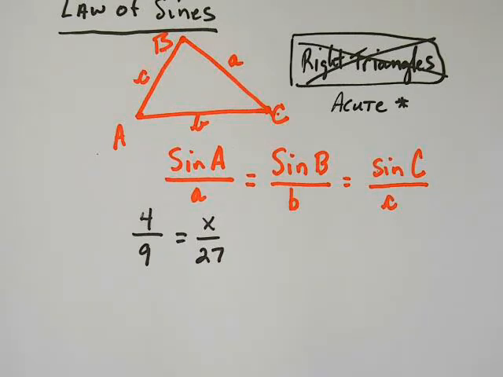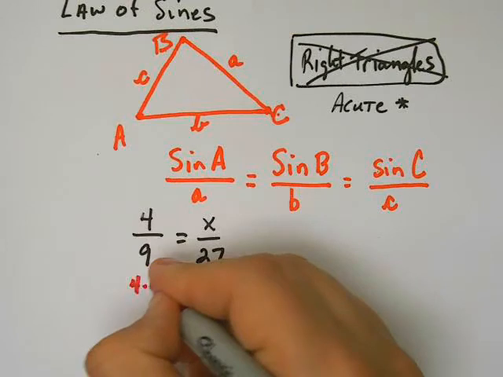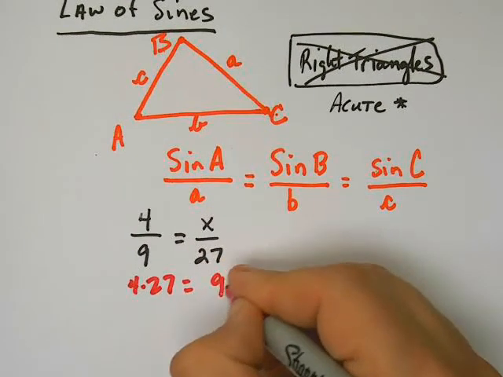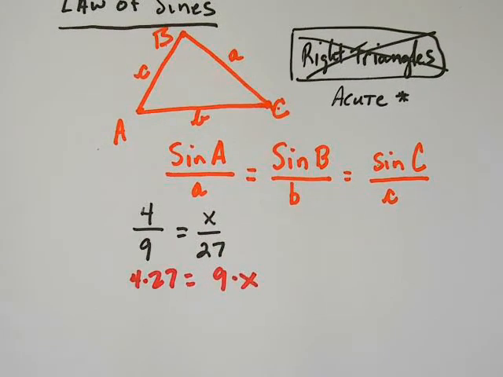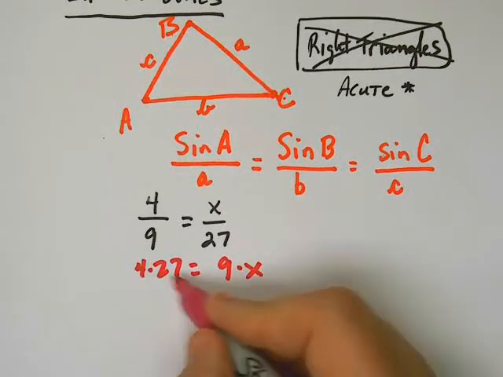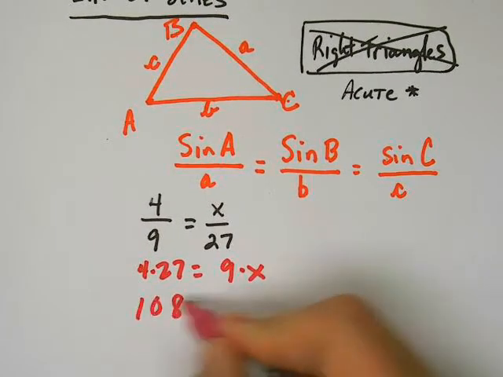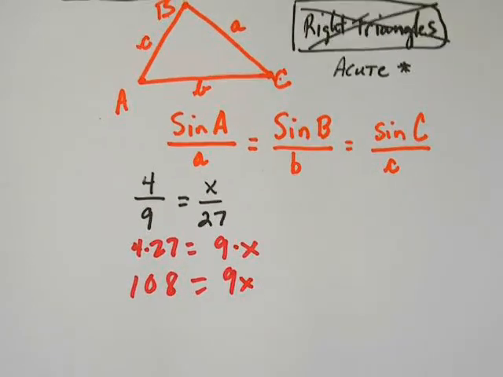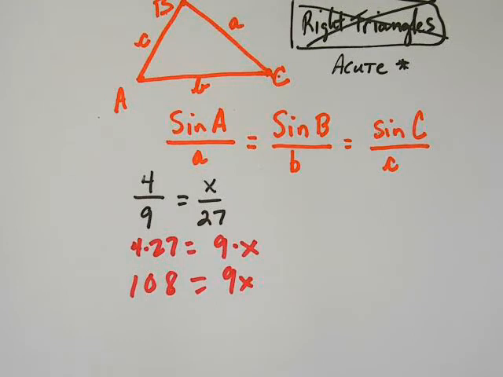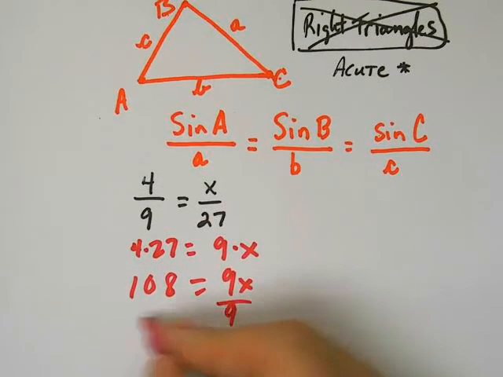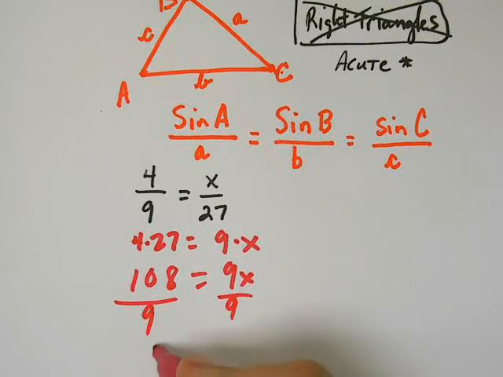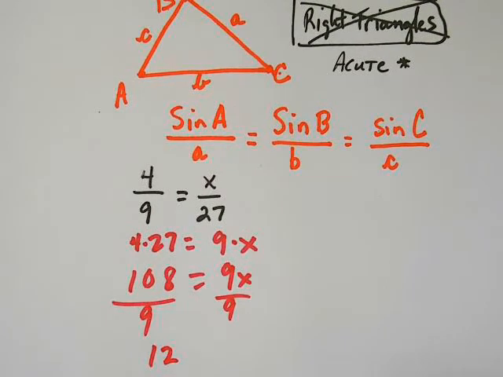Going back to middle school math, Lydia, how do I solve that? Cross multiply, 9 times x. Outstanding. 4 times 27, 9 times x. So that's 108 equals 9x. Carly, what do we do next? Very good. Divide by 9, and we end up with 12.